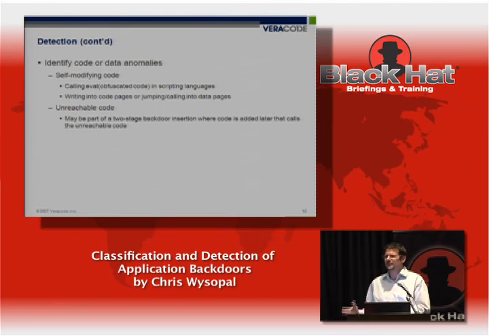From one release to another, they did not re-audit the whole program, they just audited the changes. So if you know that's someone's process, you could insert a backdoor in two stages. You could put half the backdoor in one release and the other half in the other release, and when they talk to each other, that creates the backdoor. Otherwise, it looks like innocuous code. So that's why unreachable code should be suspicious, because it might lead to something at a later date.